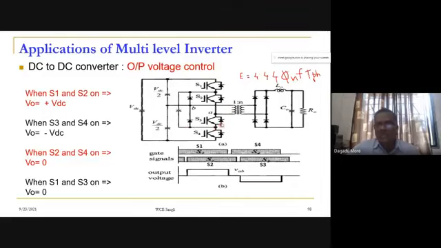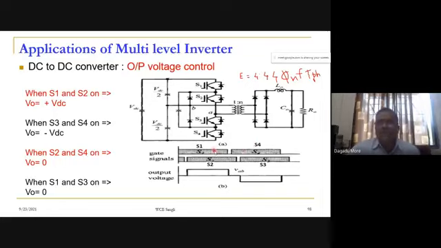When S3 and S4, the lower two, are on, we apply the negative voltage to the transformer. So plus VDC is applied when the upper two, S1 and S2, are on, and minus VDC is applied when the lower two are on. And now here we are making a phase shift control.